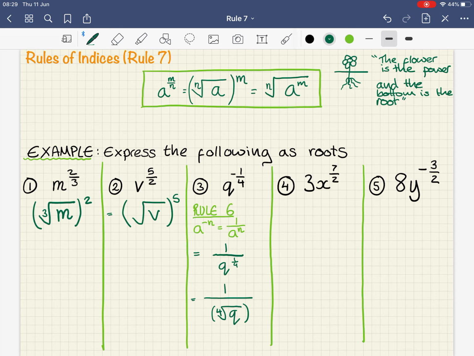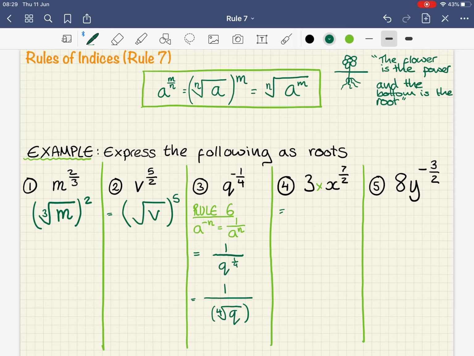Okay, next one here. So this follows a similar rule to some of the ones we've seen before, where that power is exclusively dealing with the thing it's directly next to. So these are separated: 3 times x to the power of 7 over 2.